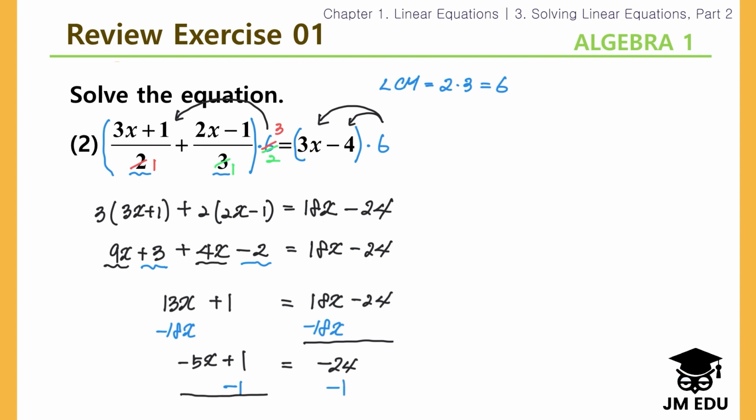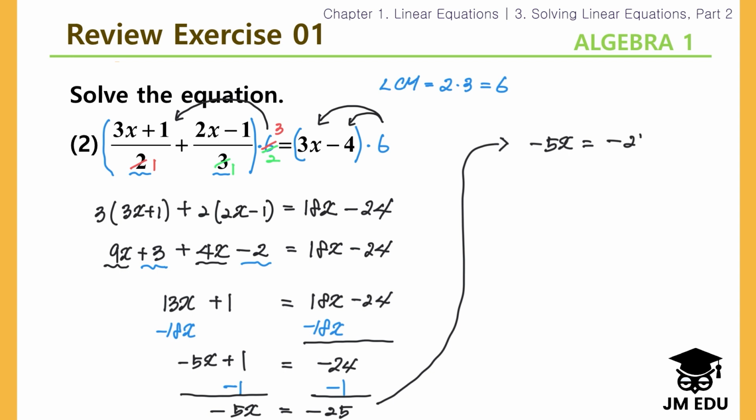So that's going to be minus 5x is equal to minus 24 minus 1, that's minus 25. So we have minus 5x is equal to minus 25. Last step, divide by negative 5 on each side, right? So our solution x is equal to negative 25 divided by negative 5, positive 5.